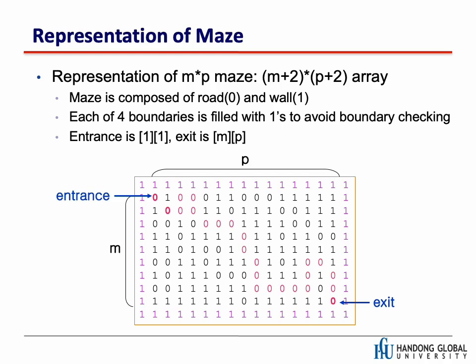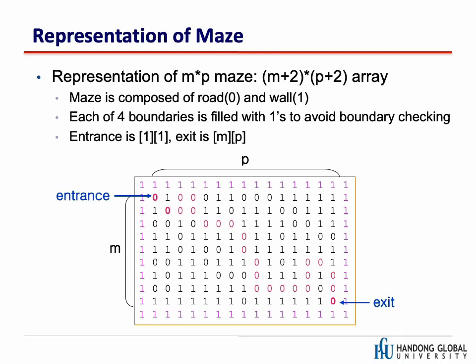If we don't have these boundaries, if we don't have walls, then when we are at a position, the algorithm is a little more complicated, because we have to check whether I am at the edge of this maze. But if we have a wall, then we don't have to check that kind of extra thing.